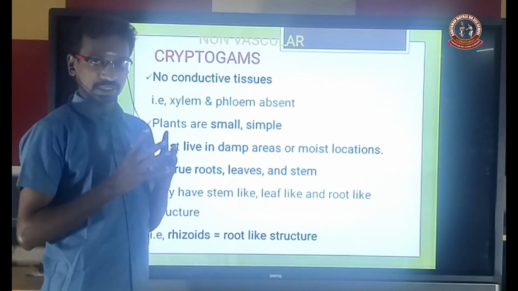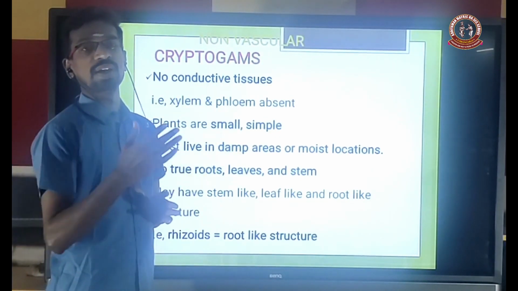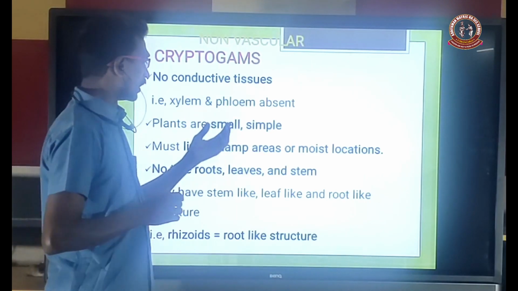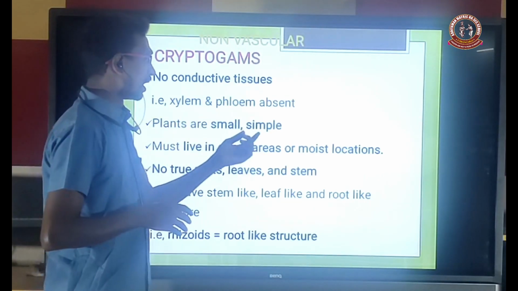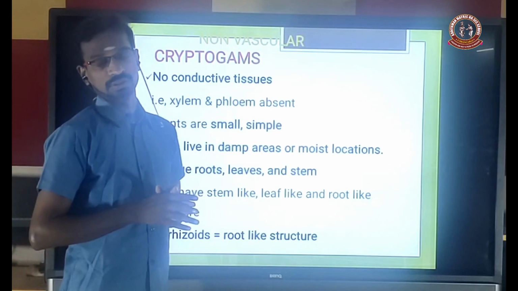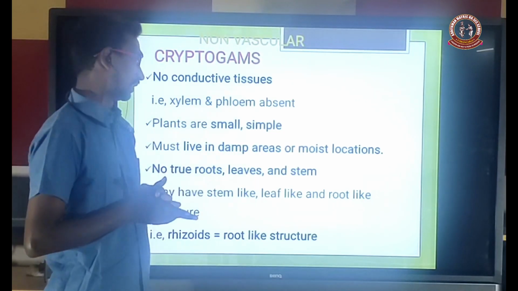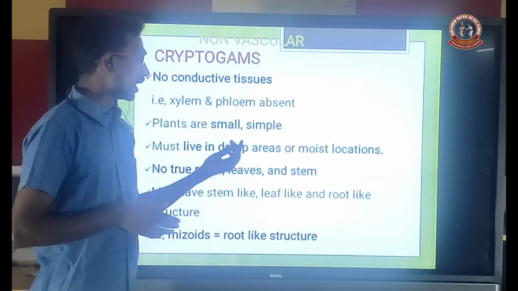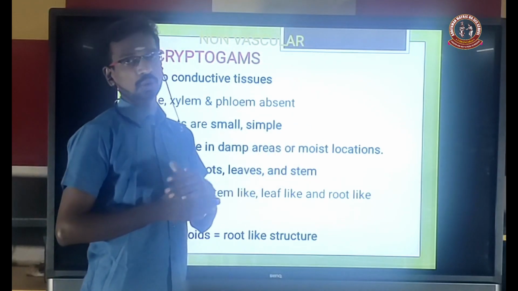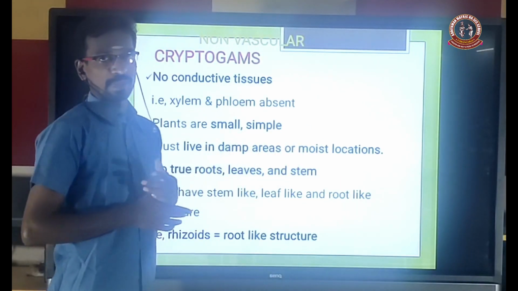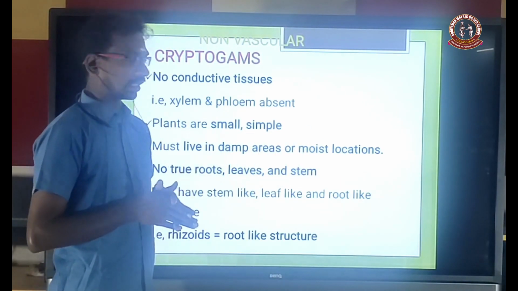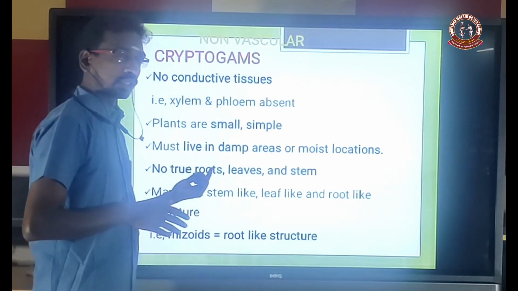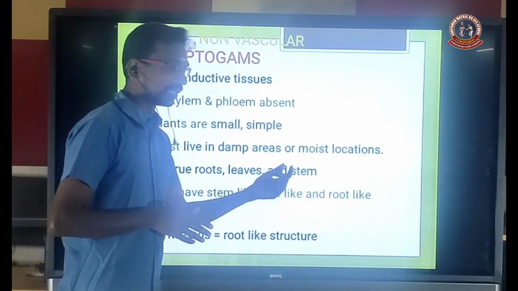The plants are very small in size when compared to vascular cryptogams, and the plant body is very simple. The tissues are not well differentiated, and they must live in damp areas or marshy locations, near the water bodies. In this group of non-vascular cryptogam plants, there are no true roots, leaves and stem.